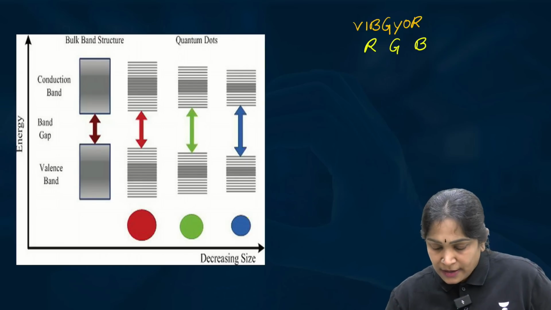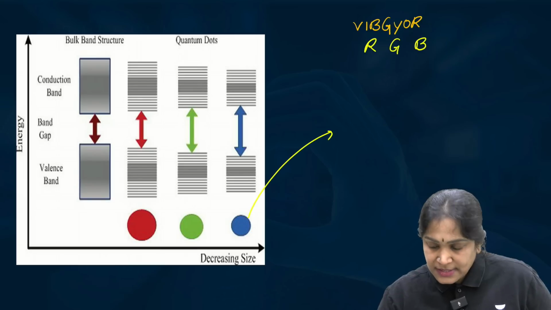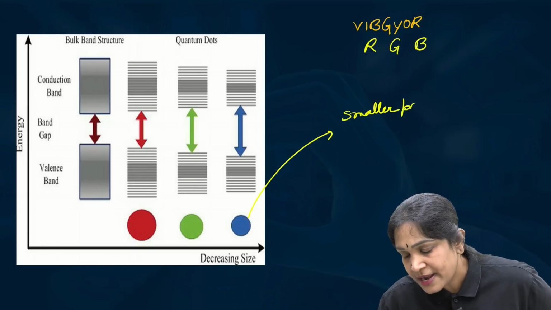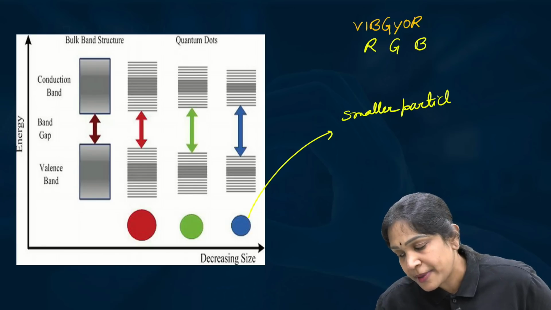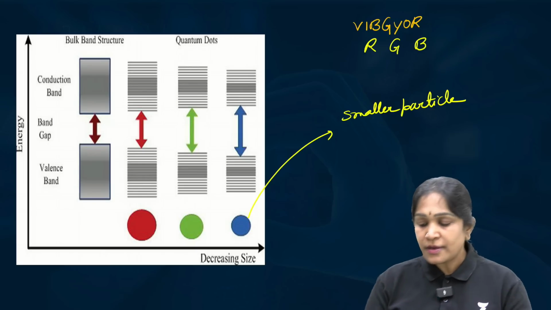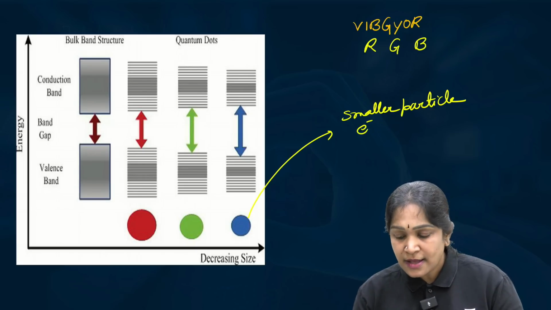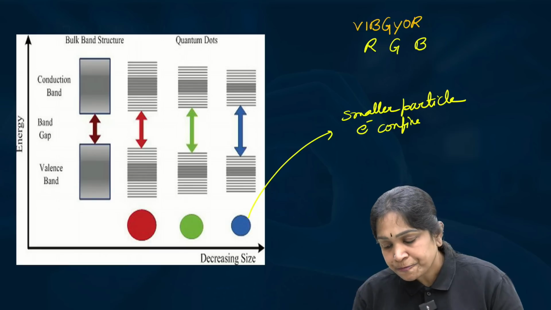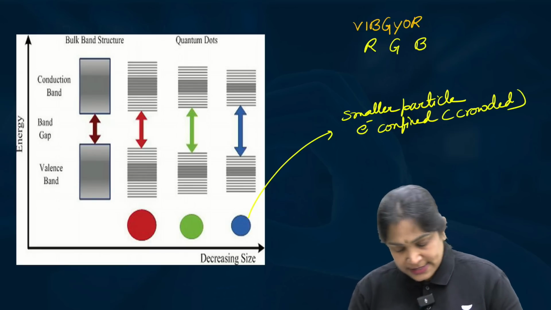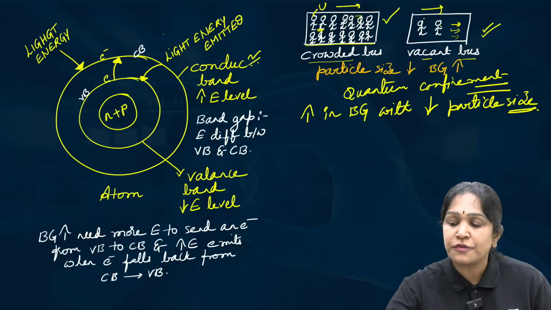Look at this. This is a smaller particle. Complete focus on the topic, please. It's a very small particle. So here what happens? The electrons are confined. Means what? Crowded, no place, like this kind of condition. Why?